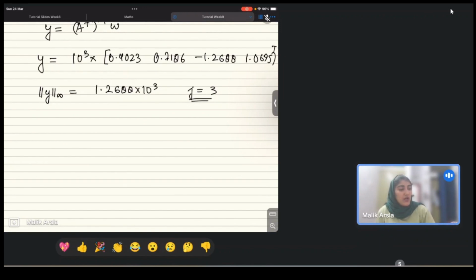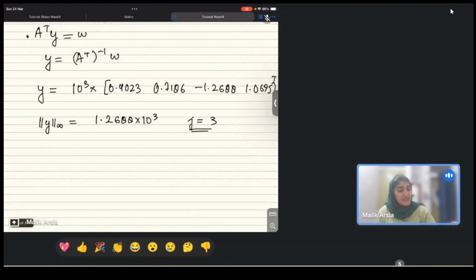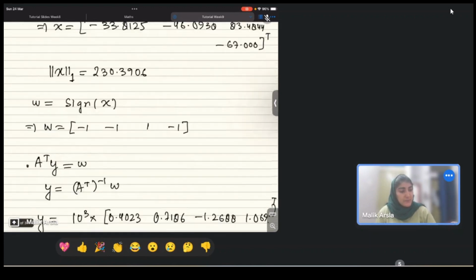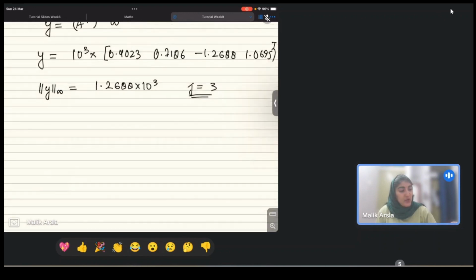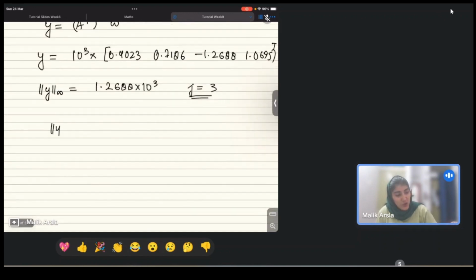Now we have to compare this infinity norm with the one norm of x. Here we can see that the infinity norm of y is coming out to be greater than the one norm of x, so we do not stop.